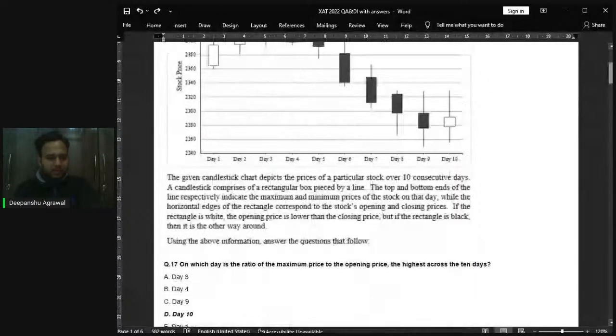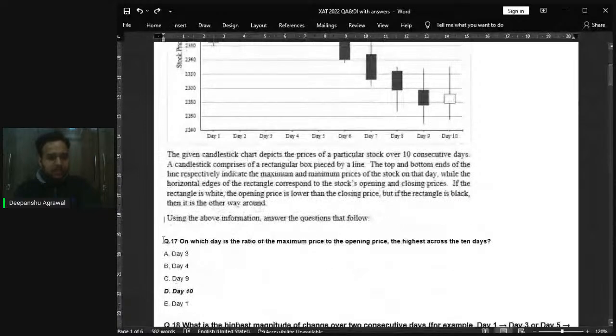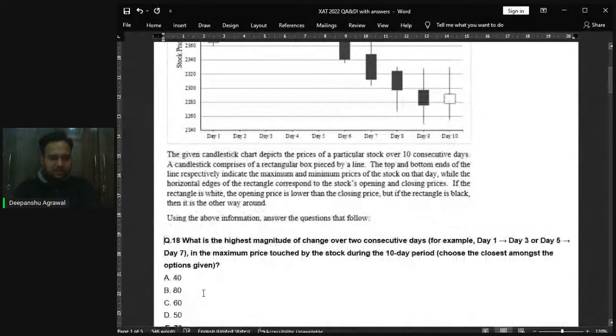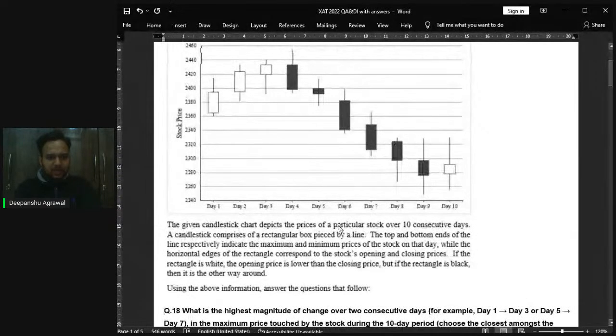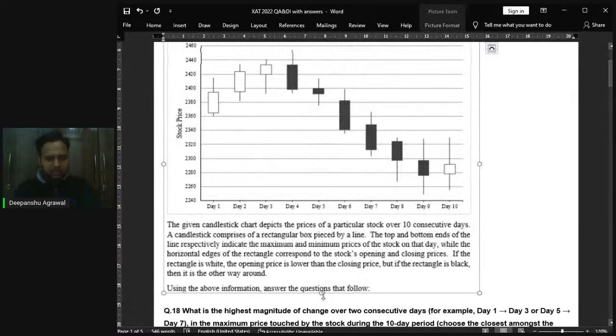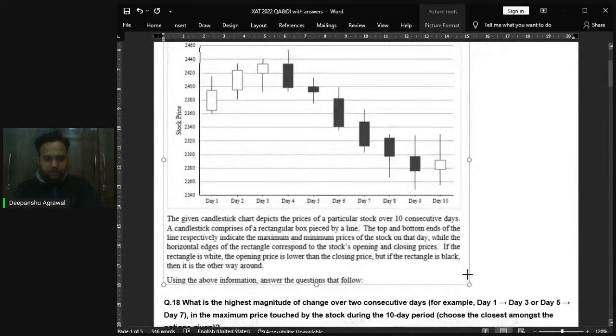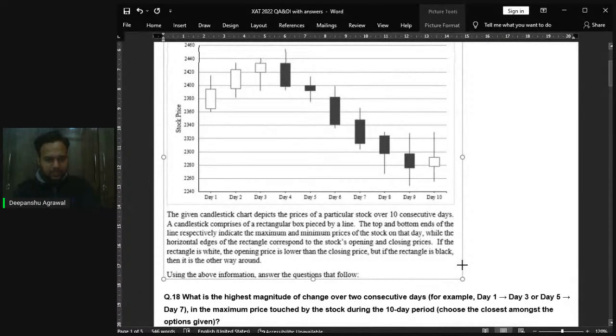And now we should erase question number 17 as well, so that the next question is visible. So I'm placing the chart in such a way that question number 18 is also visible and this chart is also visible. We reduce its size. Okay.